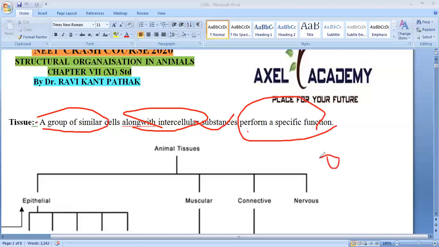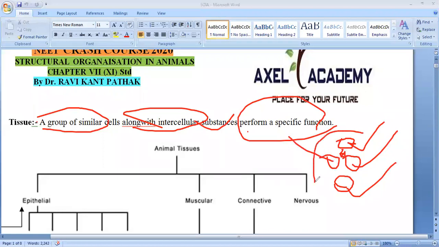How will you understand this? Suppose this is a group of cells, and they are linked with the intercellular substances. Suppose these cells are involved in the transportation of water, and these cells also, and these too; every cell performs a specific function.